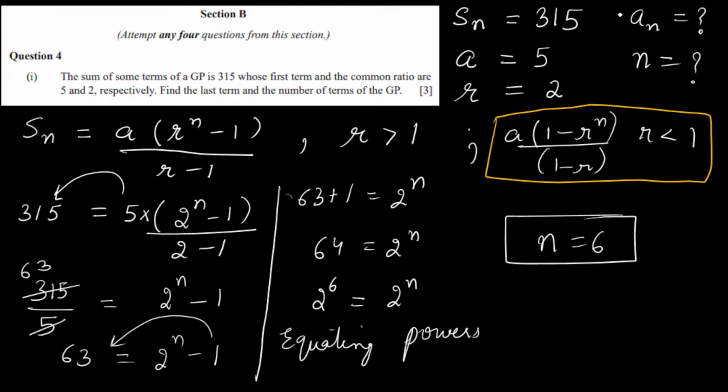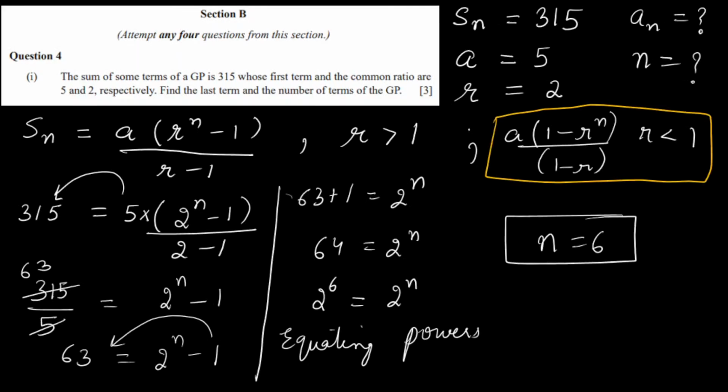An we have to find. An means last term. What's the formula of An? Because we know the number of terms is 6, that means its last term is the 6th term only.